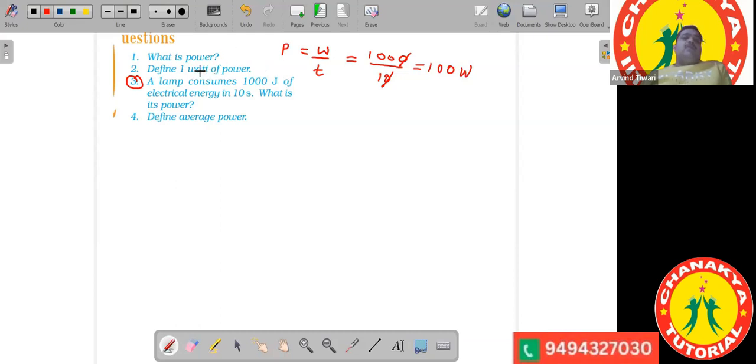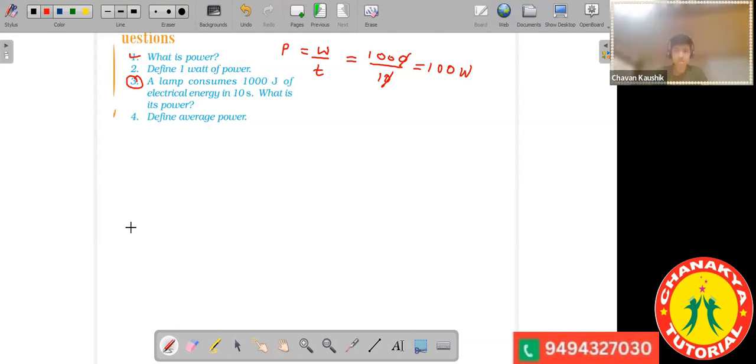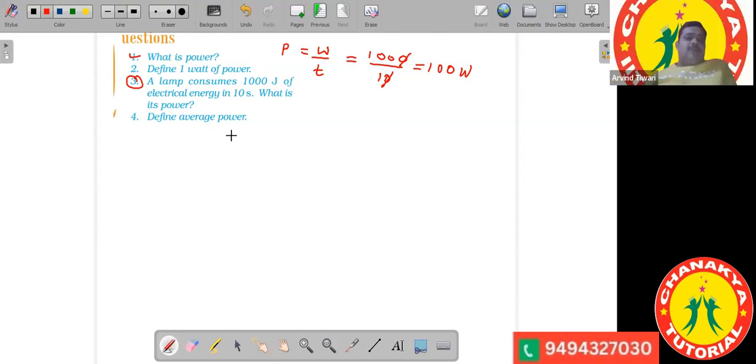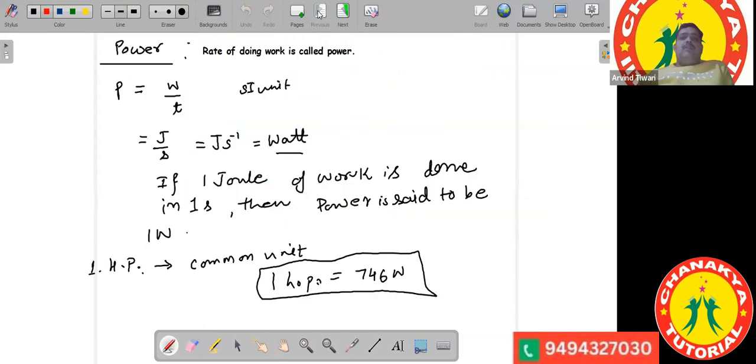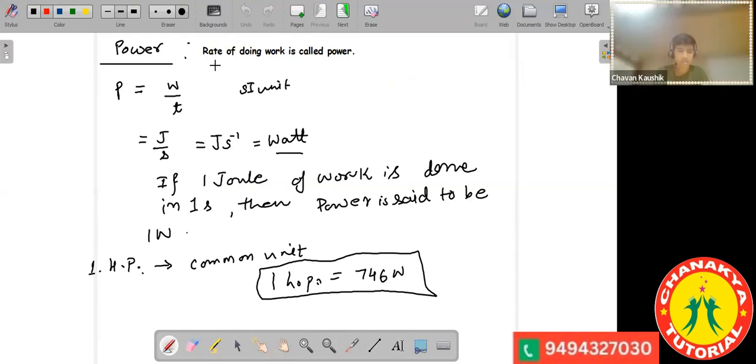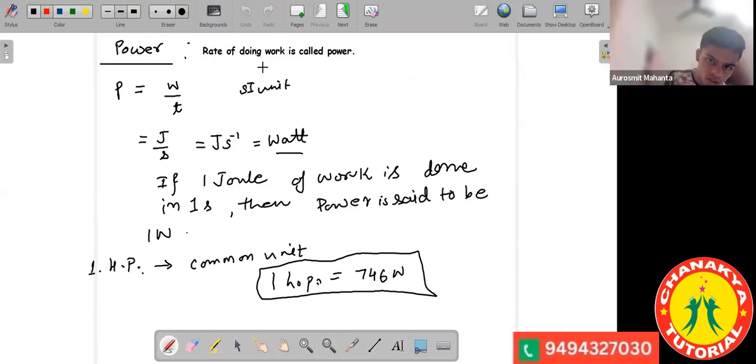These things we have already discussed. So Chavan, can you tell me what is power? How do we define power? Neil, how do we define power? Sir, by the formula. See here, we have already defined. How have we defined power? The rate of doing work.